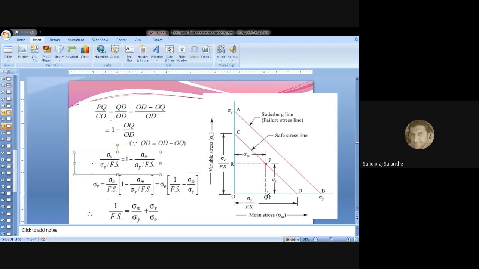But if the factor of safety I consider for this mean stress, that is normal stress, tensile or compressive, and the factor of safety I select for the variable stress are the same, then we can take it common. In some applications, if the factors are different, then we have to use the factor of safety for that particular application.